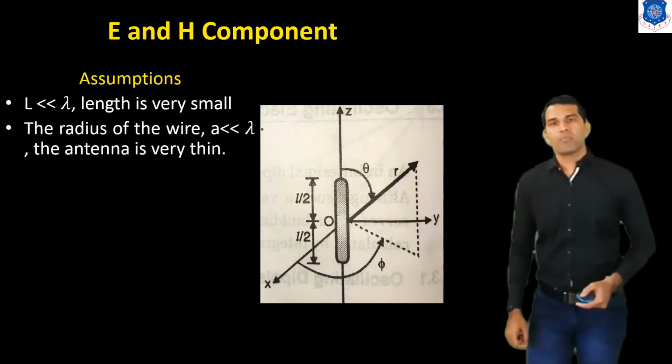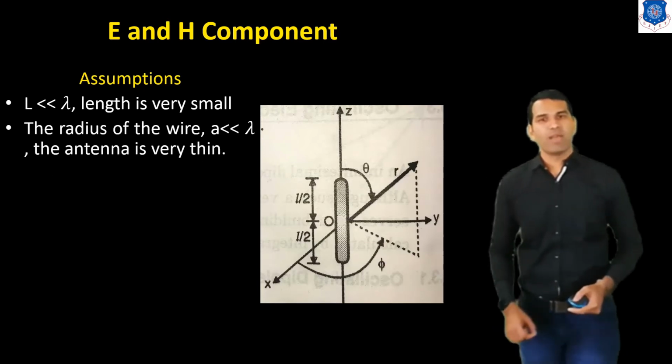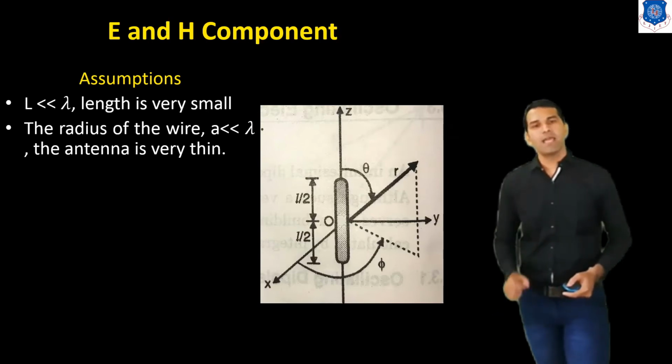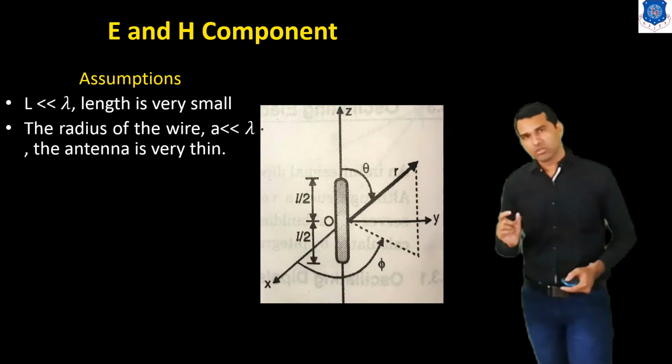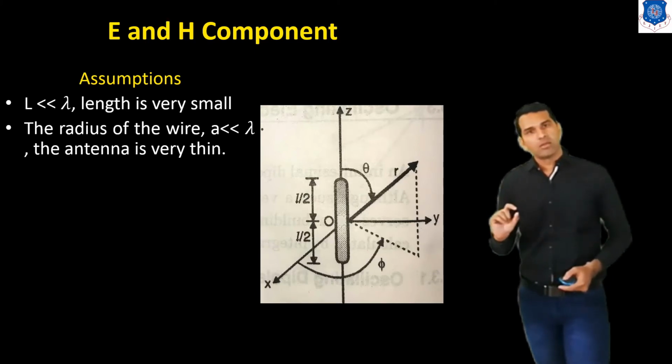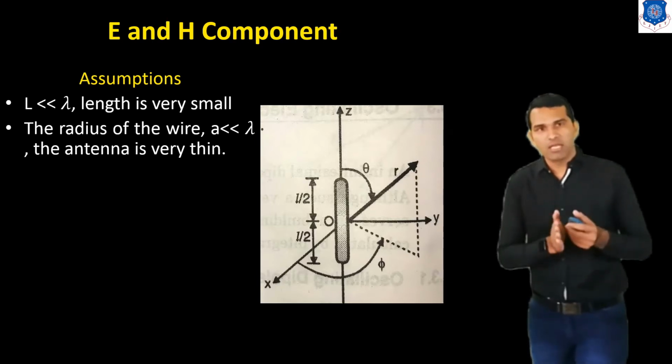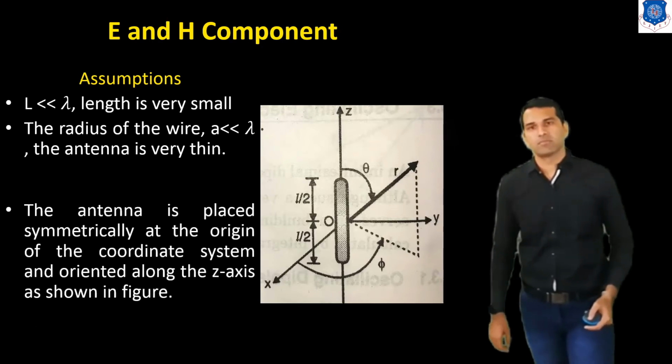The second assumption: the radius of the wire, a, is very much less than lambda. That means the antenna we have taken is very thin.